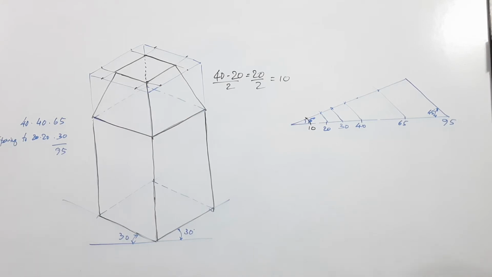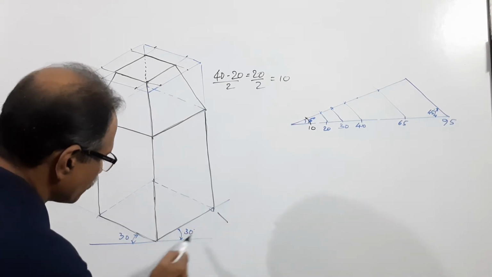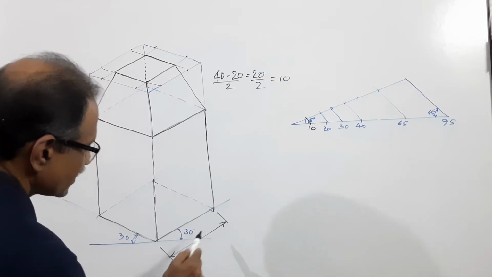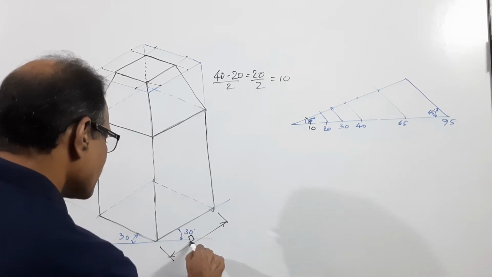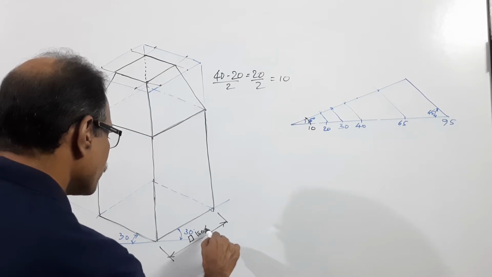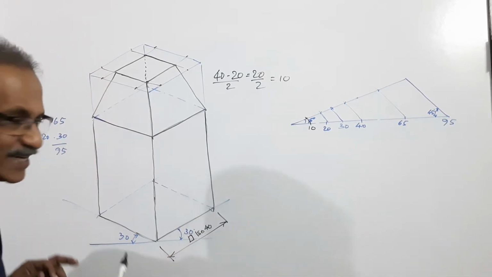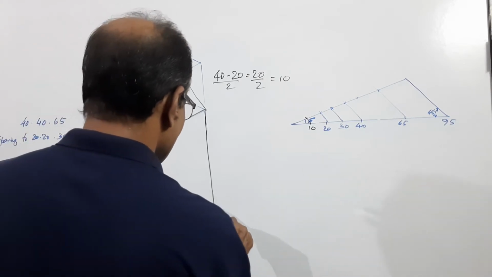Now you have to mark the dimensions. How do you mark the dimensions? You have to mark what is this. How much is it? It is square ISO 40. When you write square ISO 40, you need not mark on this side. Then height. How much is the height?